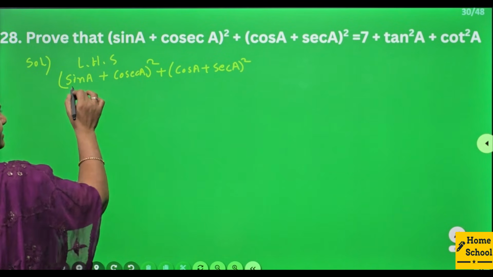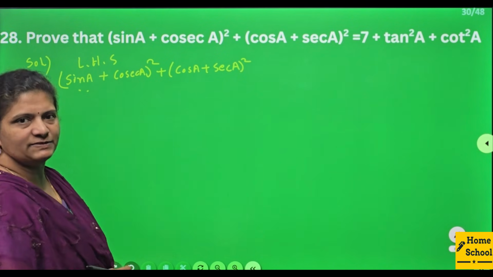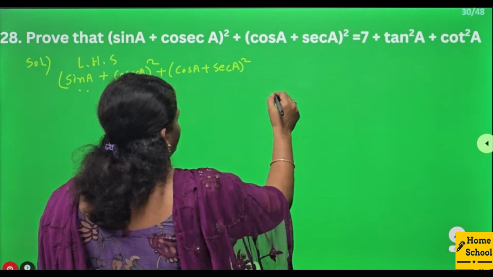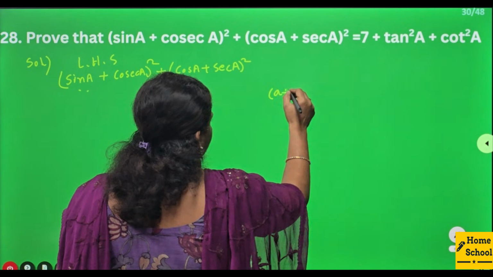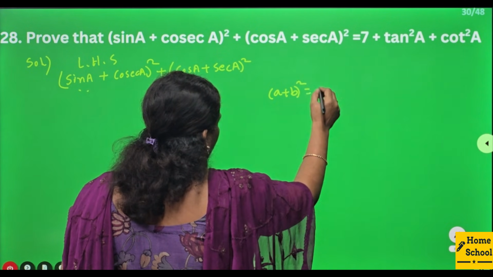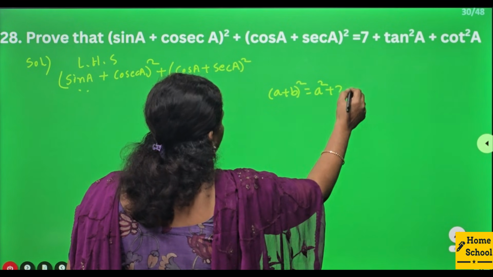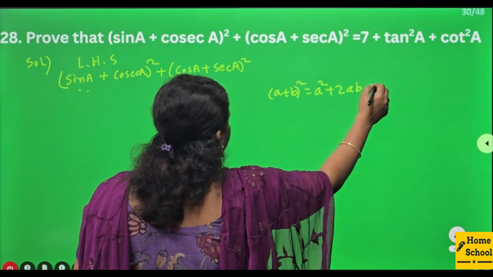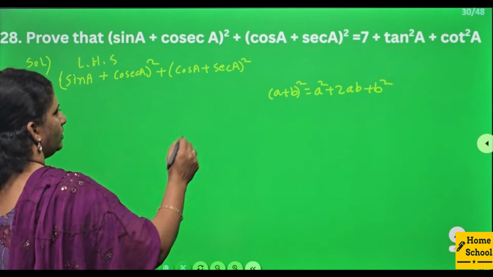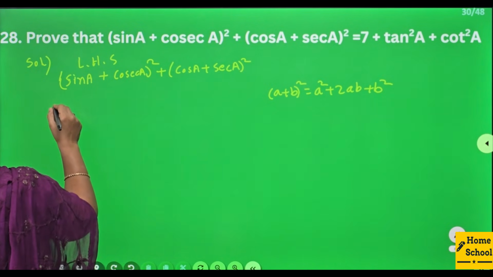Okay, I can see one formula, (A + B)². We know (A + B)² is equal to A² + 2AB + B². Now write the (A + B)² formula here.